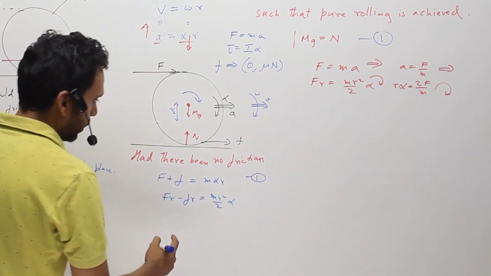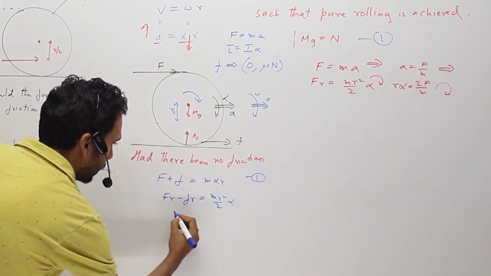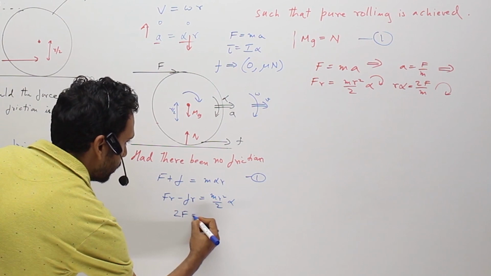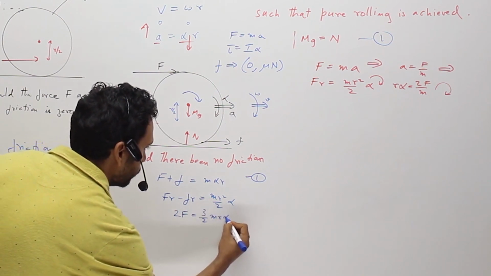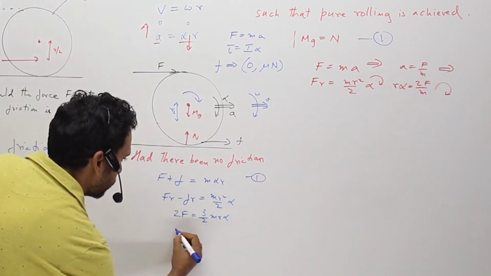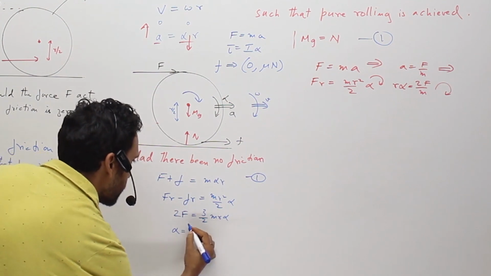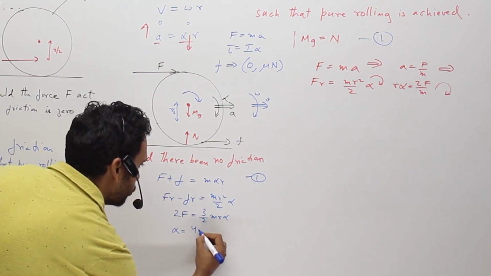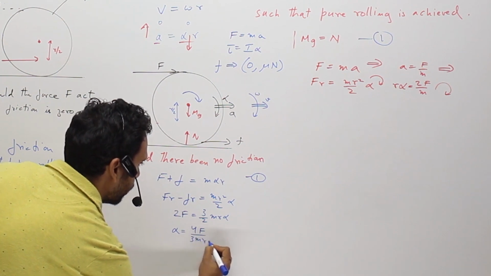F and F gets added, and this F and F gets cancelled. So we have 2F is equal to 3 by 2 mr alpha. Hence your alpha is equal to 4 times F by 3 mr.